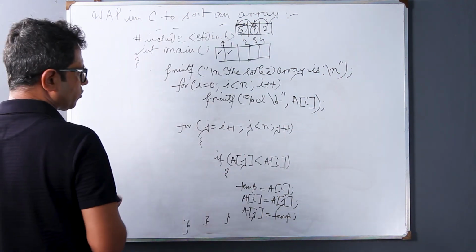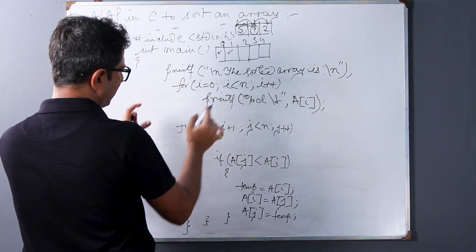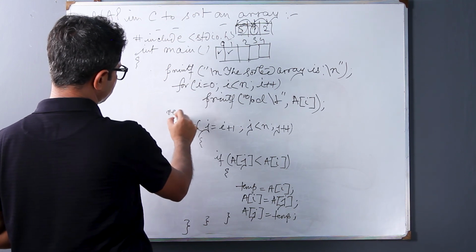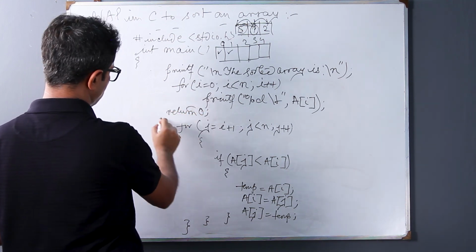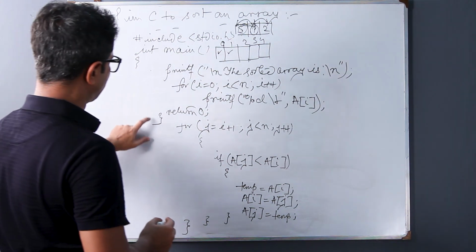This takes us to the end of the program, after which we are going to write return 0 and end the main section by this closing brace.